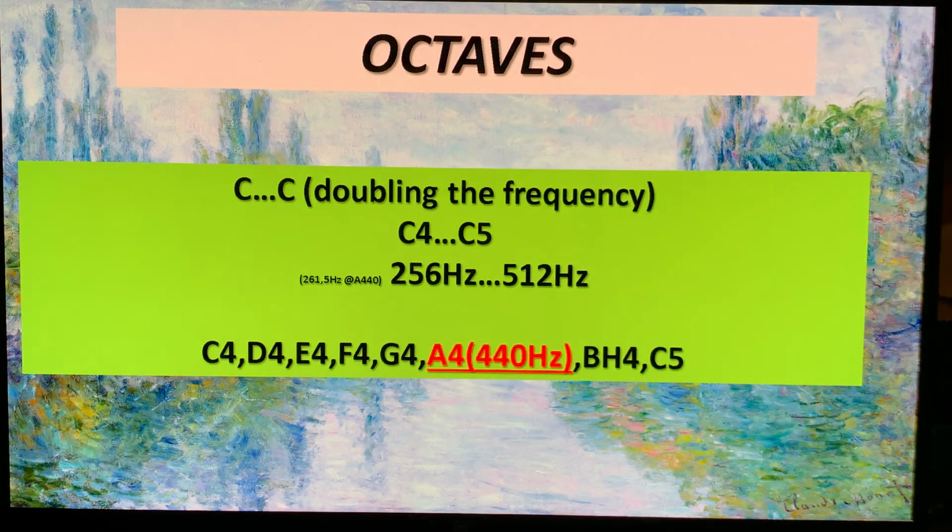And just a little information on that. This is the current frequency, 440 hertz, but going back in time, the frequency was lower and lower. In the Baroque era, the A4 was anywhere between 406 and 425.